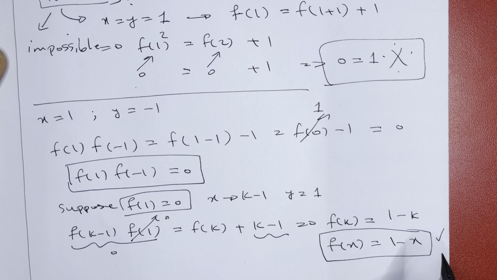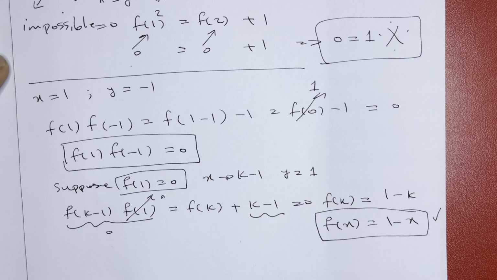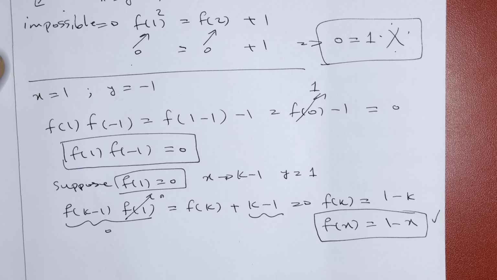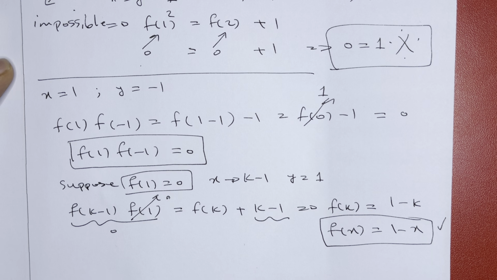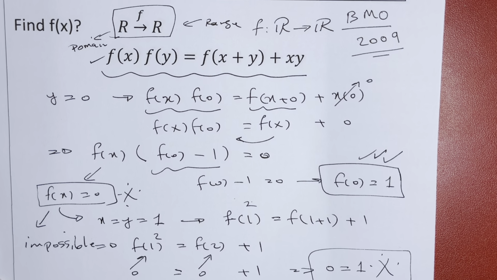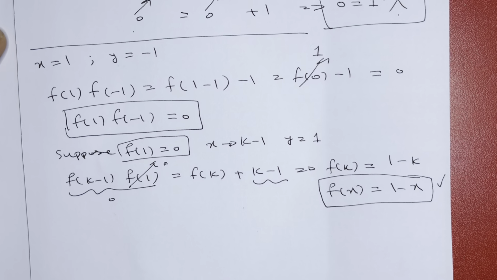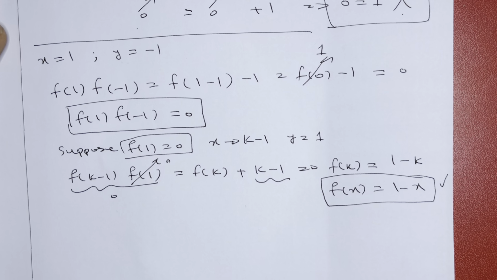So this is one solution if f(1) is 0. This is one possible solution. Later on we have to put this one in the original equation and verify this solution, so this is a potential solution.